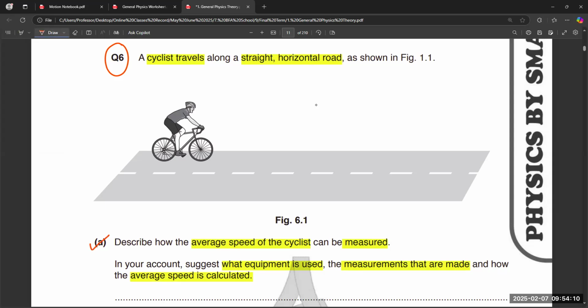So now, practically, if you think about the average speed, so for this situation that is given in the diagram, so how we can calculate the concept of average speed in this example.